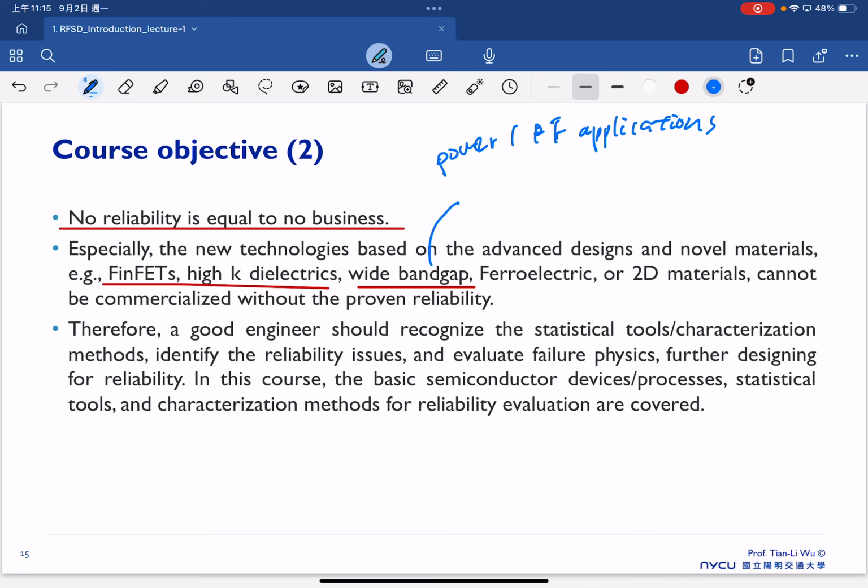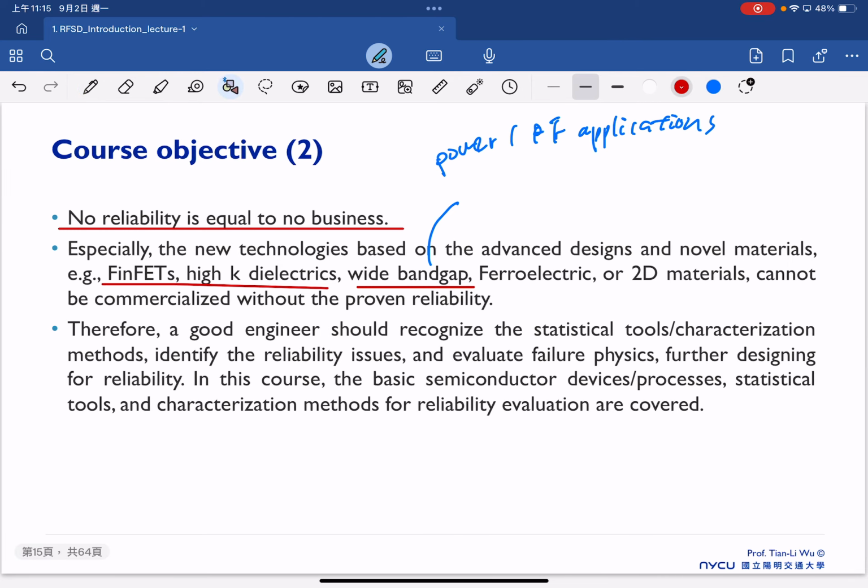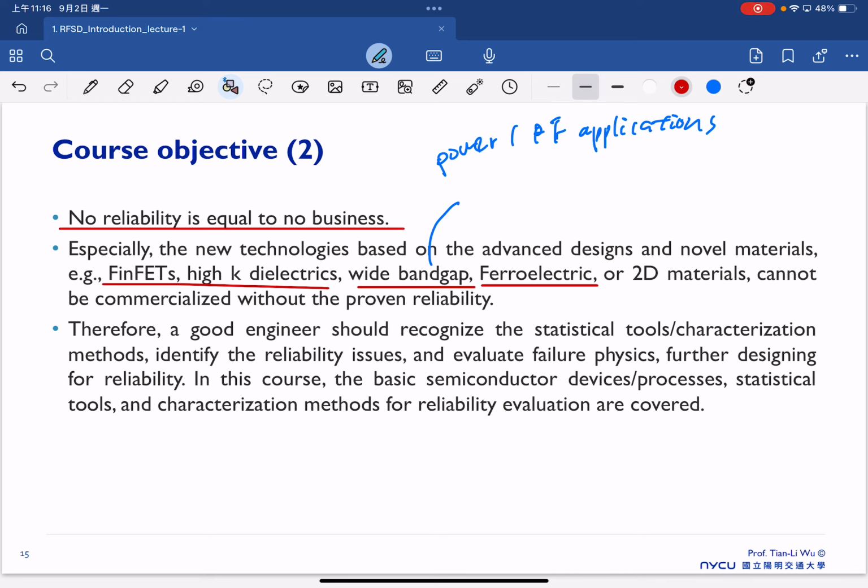And also, for example, a recent very hot topic is the ferroelectric. That's mainly used for memory and also for logic devices. But the thing with ferroelectrics is that the material is sometimes not very stable, and therefore lots of reliability issues can come out. And also we have the 2D material, that's mainly used for logic devices.